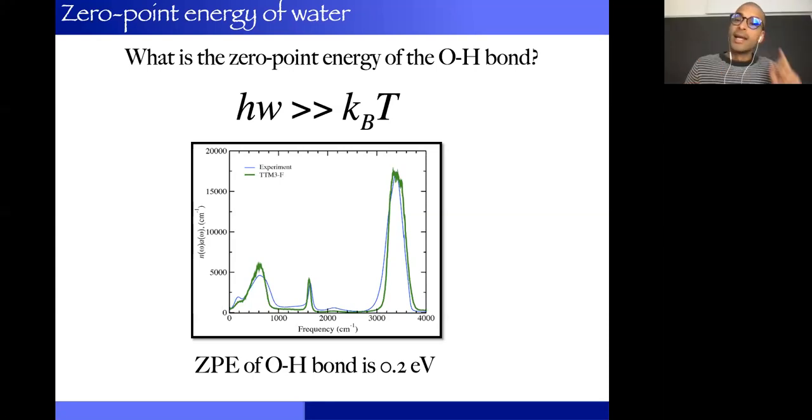I bring this up because when I learned statistical mechanics, there's often a tendency to say you take the limit of large temperature and the limit of large mass, and then you get the classical.